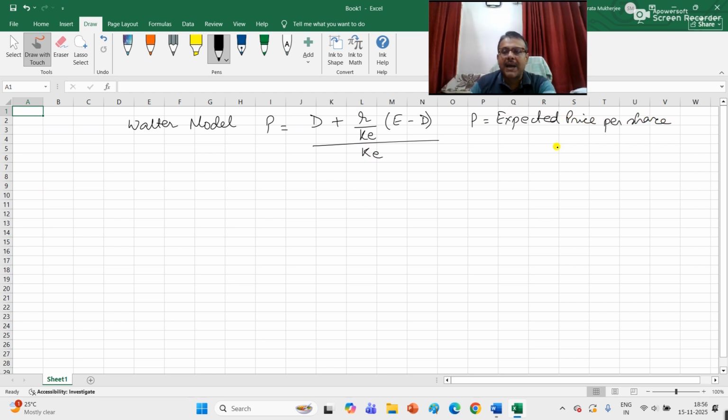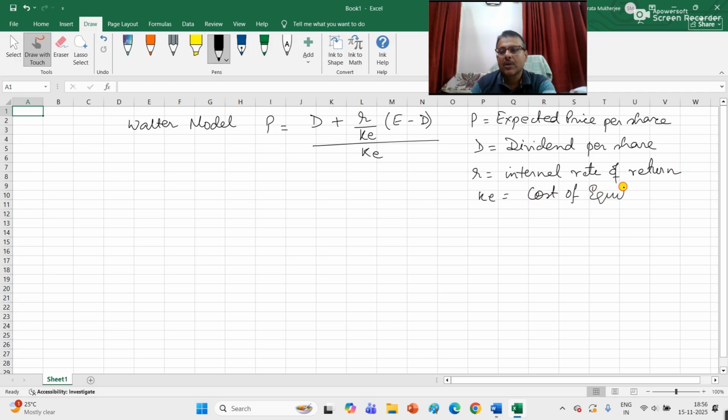Then we have the parameter D, which is the dividend per share. Then we have R, which is the internal rate of return. Then we have KE, which is the cost of equity capital. And the last parameter E, which is earnings per share.